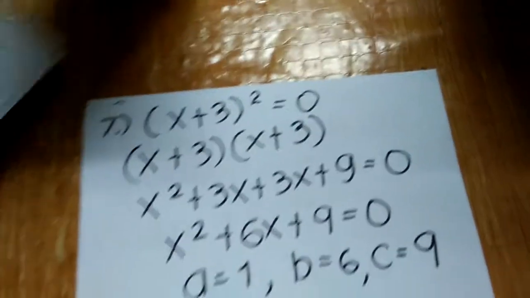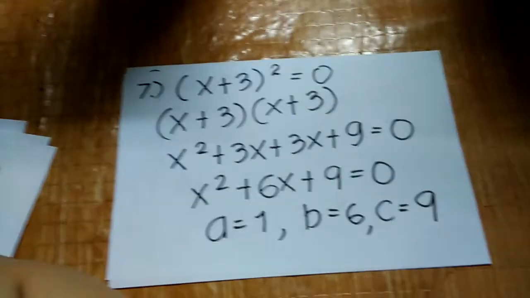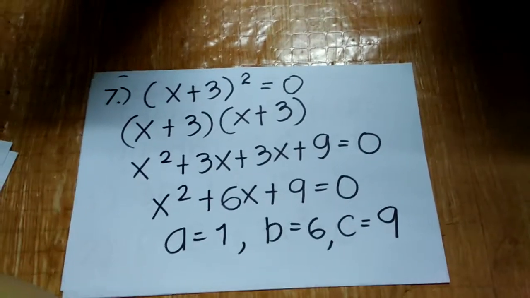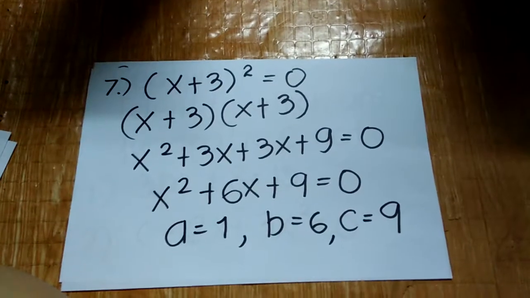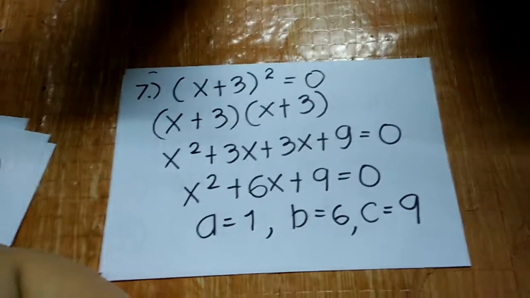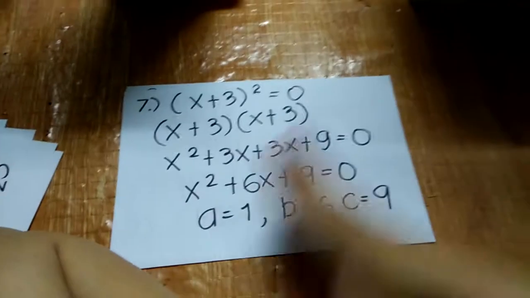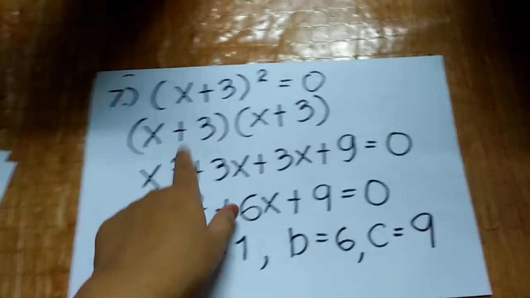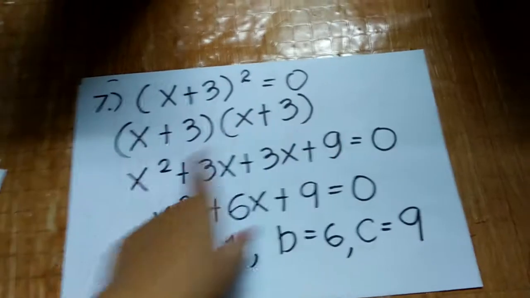Okay. Ayan, ito si number 7. Last example. Ayan, x plus 3, or quantity x plus 3 squared is equals to 0. So, i-square lang natin siya. Square lang natin yung binomial. x plus 3 times x plus 3.